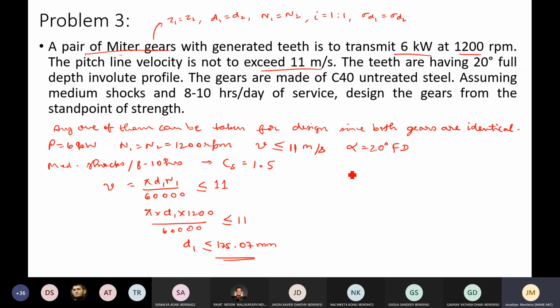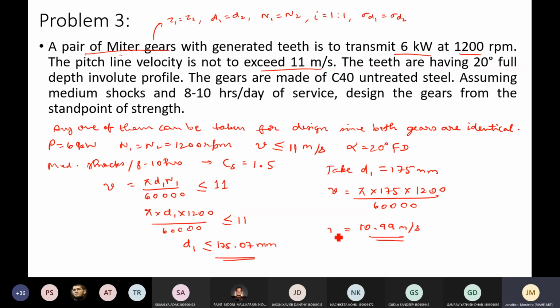That is, we'll take d1 as equal to 175 mm. Then what will be the actual value of velocity? Pi into 175 into 1200 by 60,000. You get a value very close to 11. If you do this, you should get around 10.99 meters per second. This is the new value of velocity.